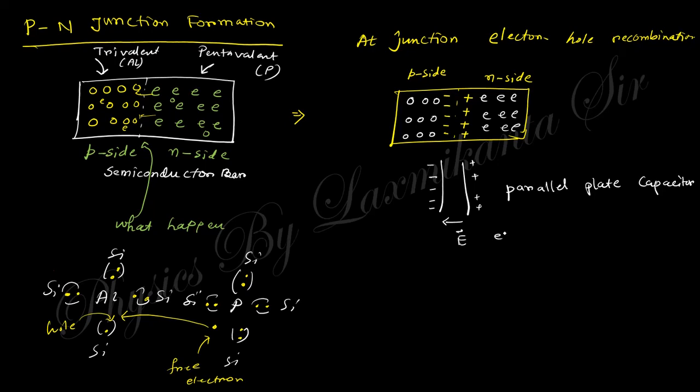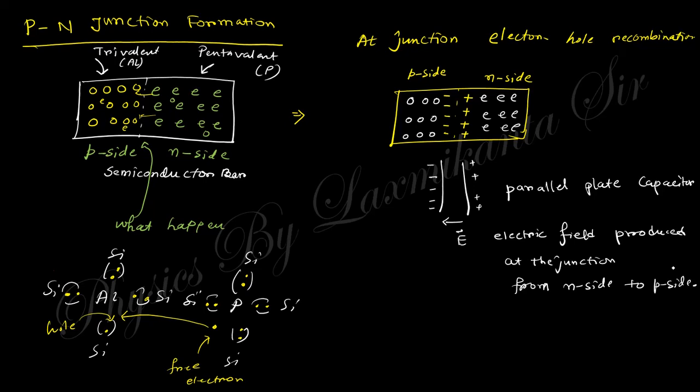So an electric field is produced at the junction from the n side to the p side. Clear? This becomes the electric field.